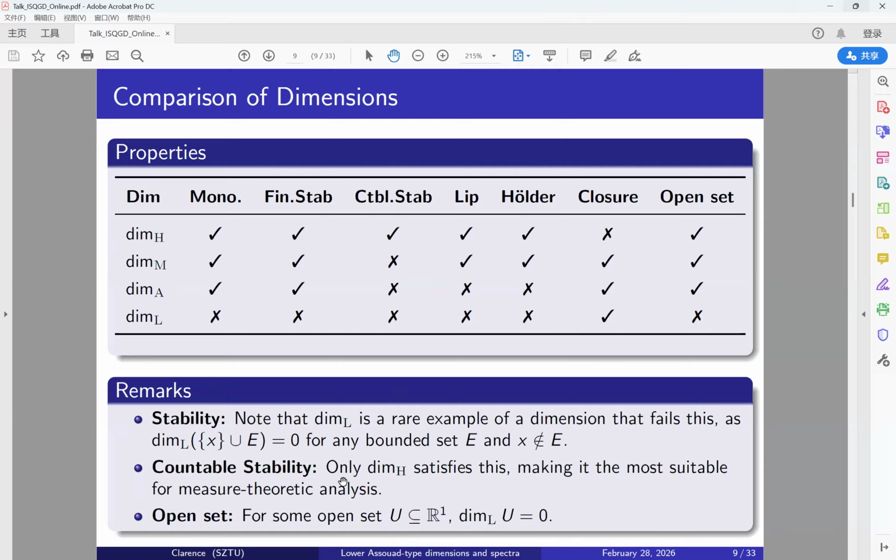As for the countable stability, only the Hausdorff dimension satisfies this, making it the most suitable for measure theoretic analysis. For the open set property, this fails for the lower dimension since there exists an open set such that the lower dimension is 0. This is quite strange and different from other dimensions.